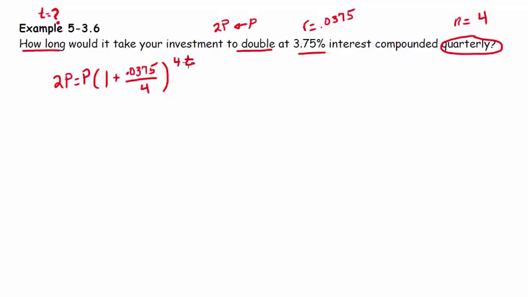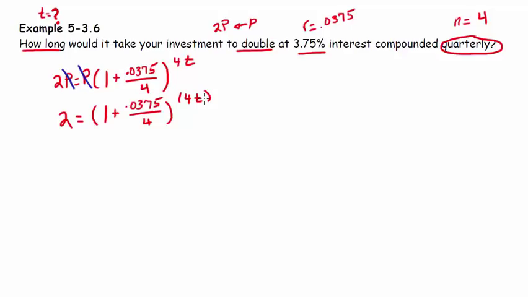Okay, and as we saw before, I have a p on both sides, so these p's are going to end up canceling. So the equation I'm attempting to solve is 2 equals 1 plus 0.0375 over 4 to the 4t.